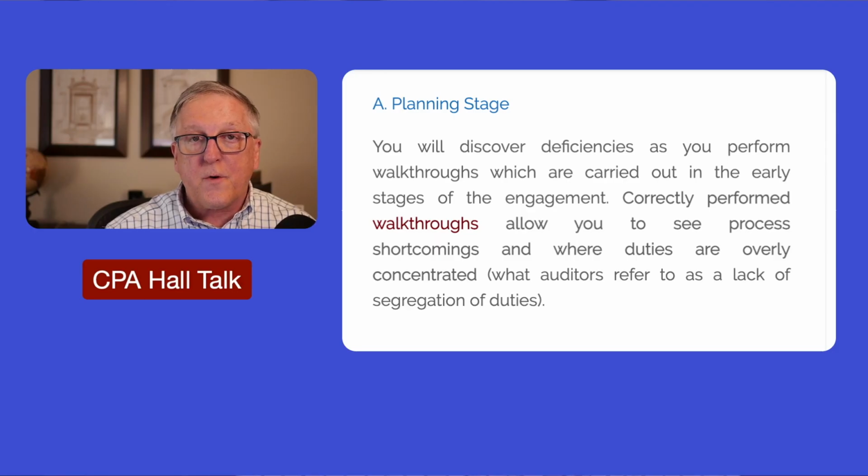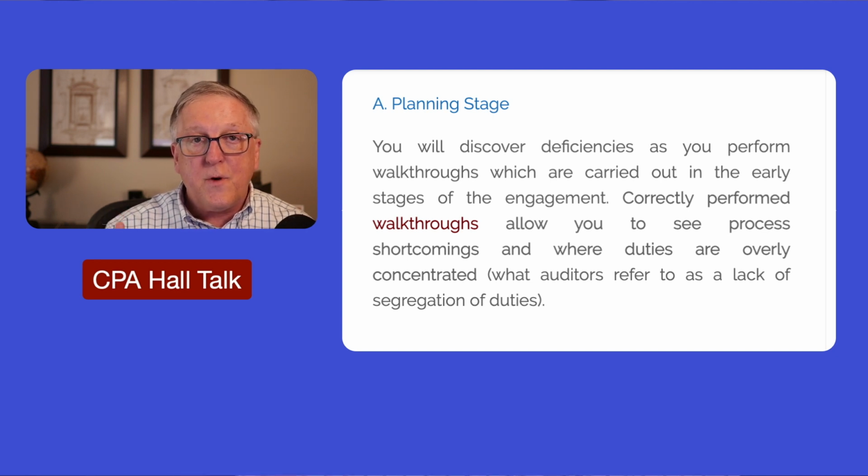So let's suppose we're looking at cash receipts and we're doing the walkthrough, and we see that only one person opens the mail, and that one person could easily steal funds because there's nobody else around to observe what that person is doing. So we see an internal control weakness.